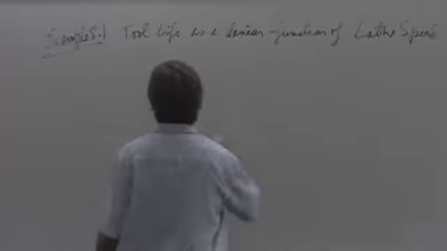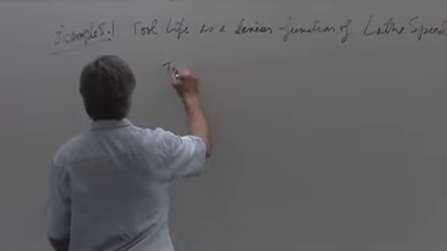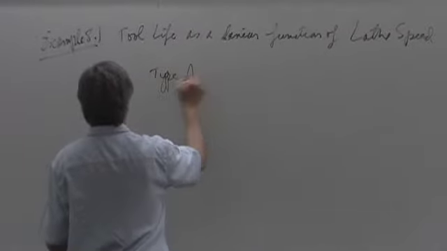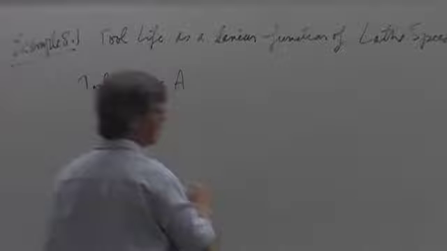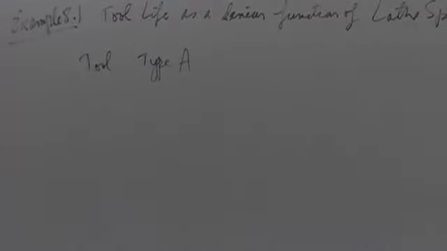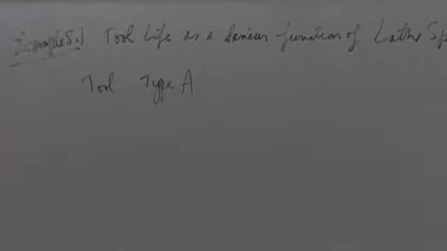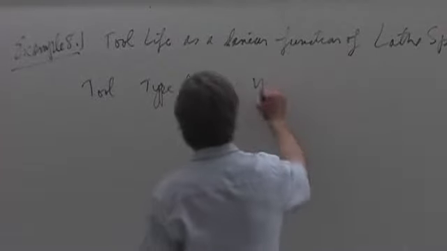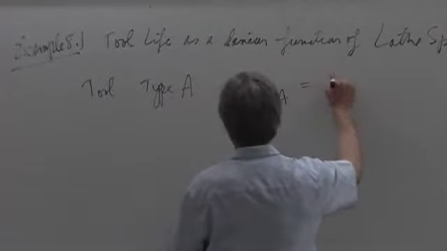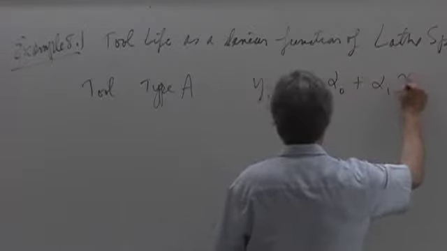So for tool type A, you might have a regression model of the form Y_iA equals alpha 0 plus alpha 1 x_i plus an error.